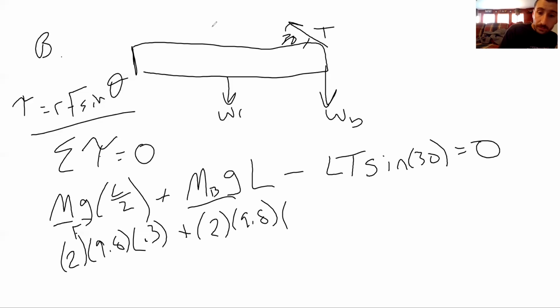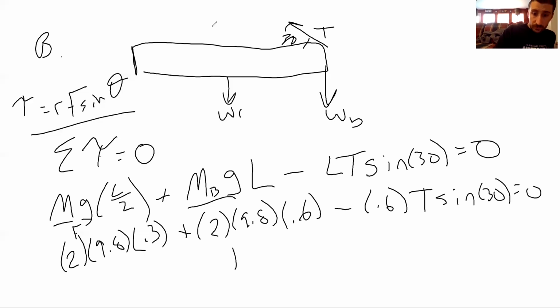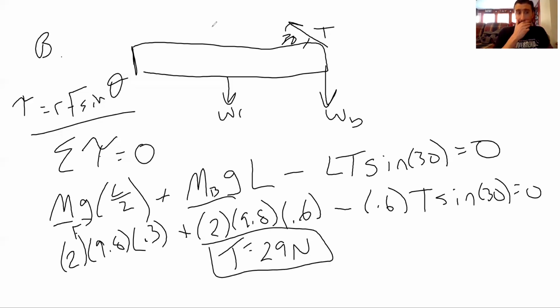Length of the rod is 0.6. Minus length of the rod is 0.6. Tension is what you're looking for. Sine of 30. Equals 0. Solve for T. Basic algebra, you can get 29 units. All right, so that's B. C.